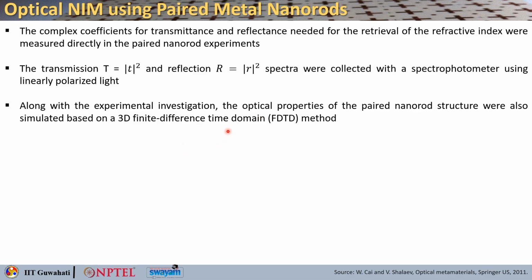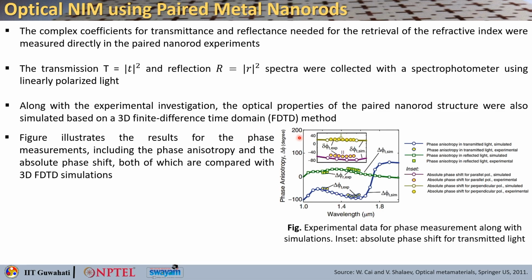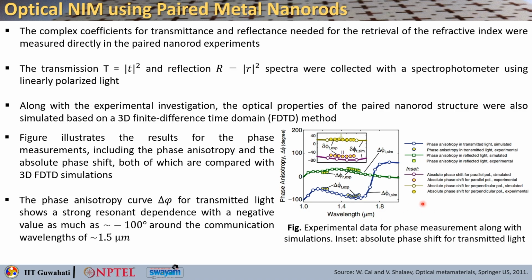Along with the experimental investigation, the optical properties of the paired nanorods can also be studied from simulation using 3D FDTD, or finite difference time domain, methods, right. So, this particular figure illustrates the result for the phase measurements, including the phase anisotropy and the absolute phase shift, both of which are compared with the 3D FDTD simulations.